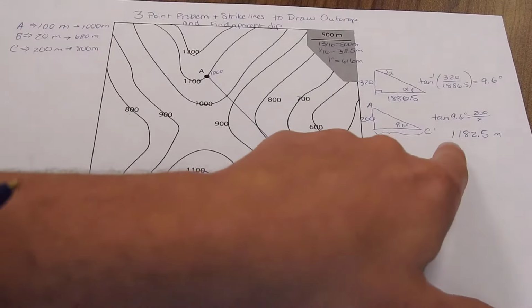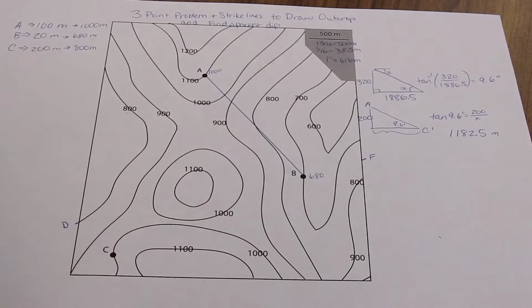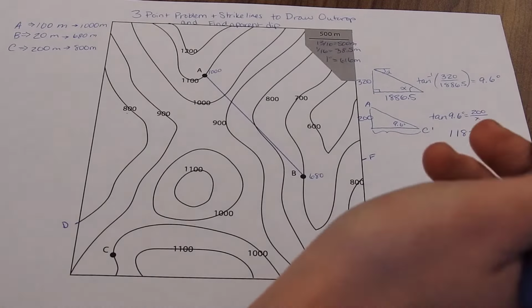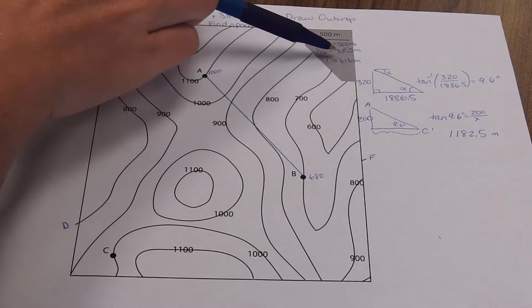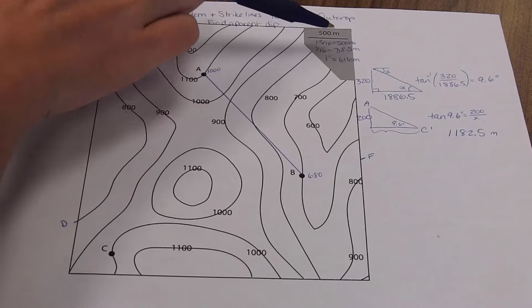Now we need to convert this to the scale of our map so that we can actually draw that point in. All right, we know that every 600, actually let's use the 16ths.